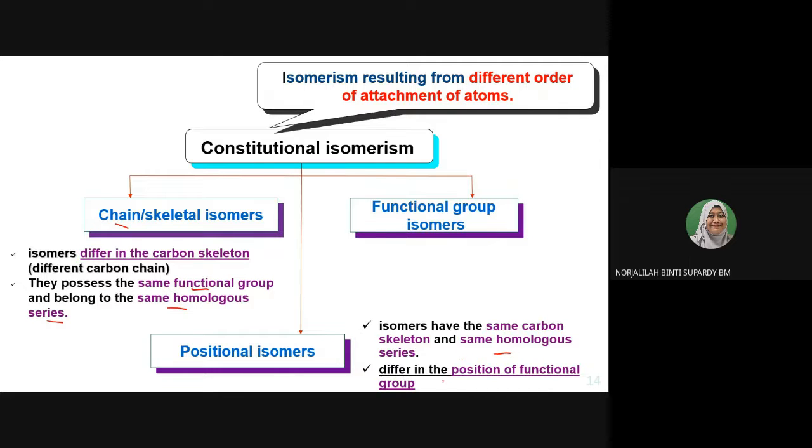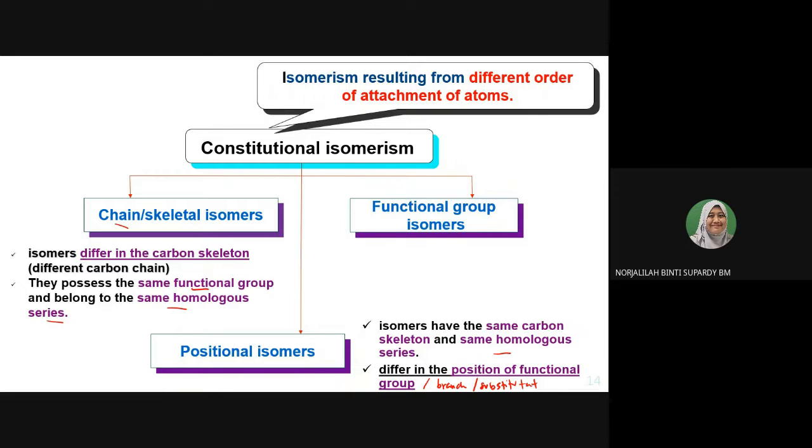So we can say it is different in the position of the functional group or different position of the branch or substituent. If the structure doesn't have any functional group, we will refer to the position of the branch, the substituent.